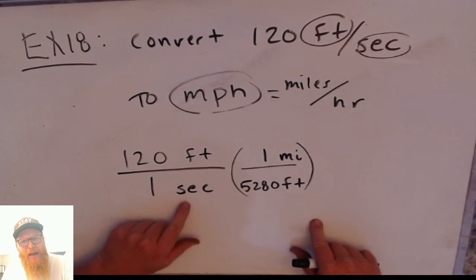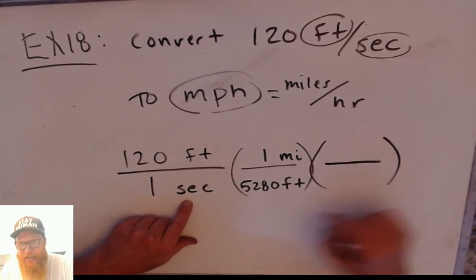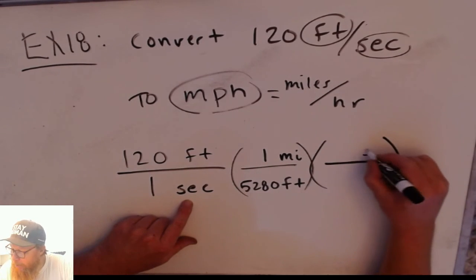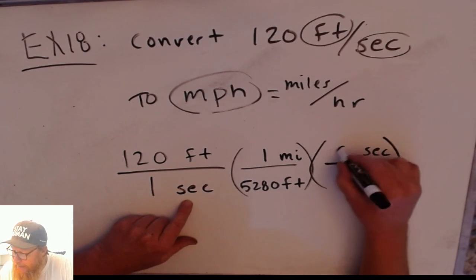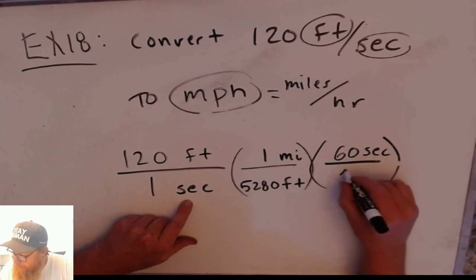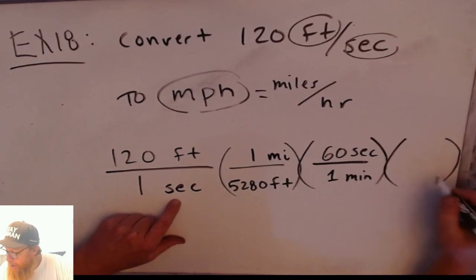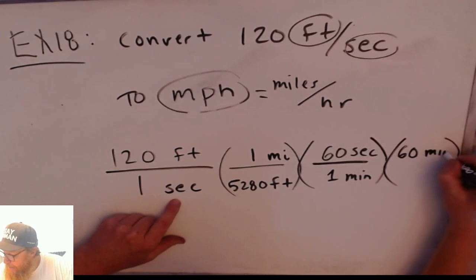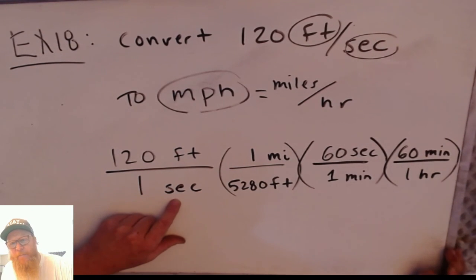And then I also have to get rid of the seconds. So watch how I get rid of the seconds. I put seconds in the top, in the numerator, to get rid of the seconds. 60 seconds is 1 minute. And then I also have to get rid of the minutes. 60 minutes is 1 hour.